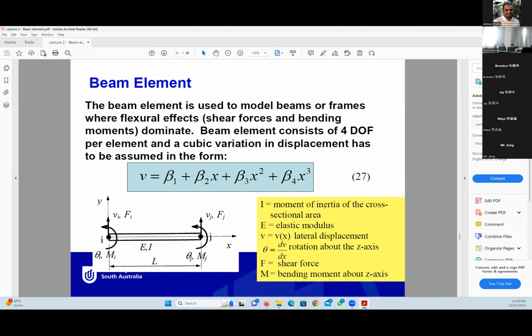Instead of lateral displacement we could call it vertical displacement, or maybe we leave it as lateral.